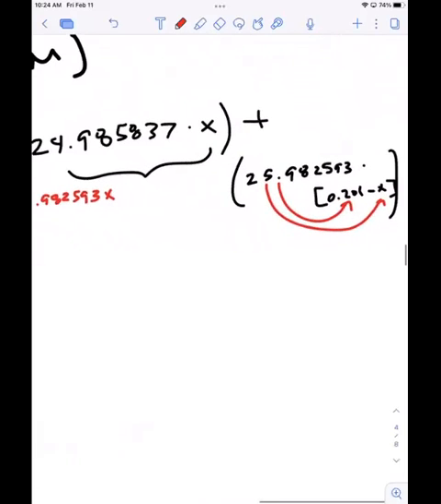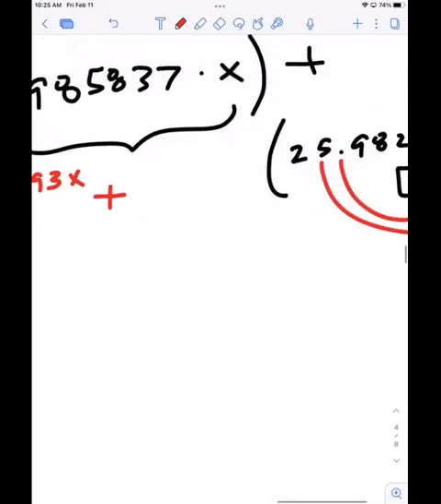What's that 0.201 times 25.982593? Sorry. What do you get from that? Anybody got that yet? I got 5.45894.